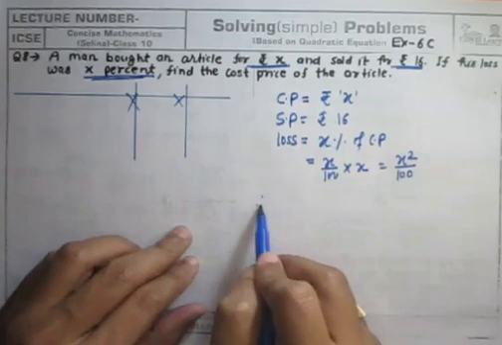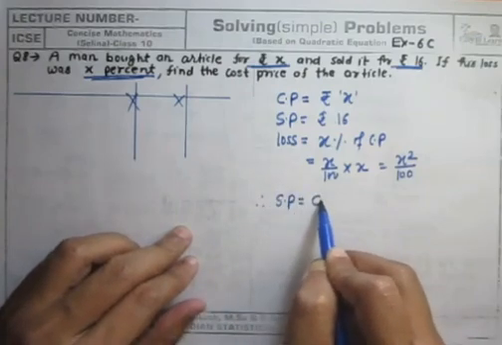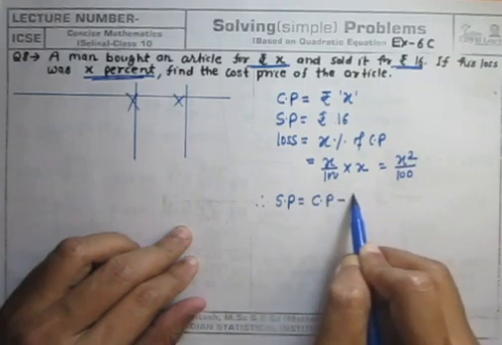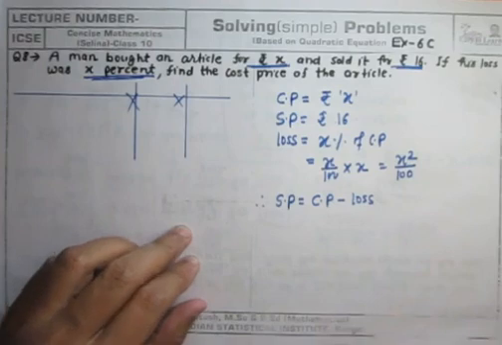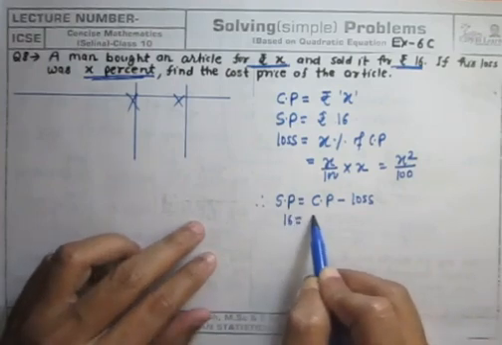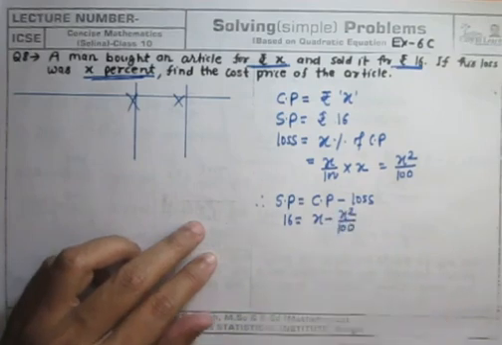And we know that selling price must be equal to cost price minus loss. So 16 is equal to X minus X square by 100. So this is the equation.